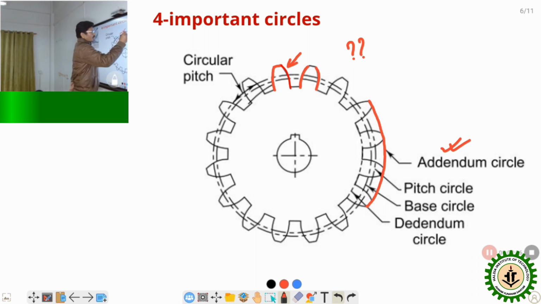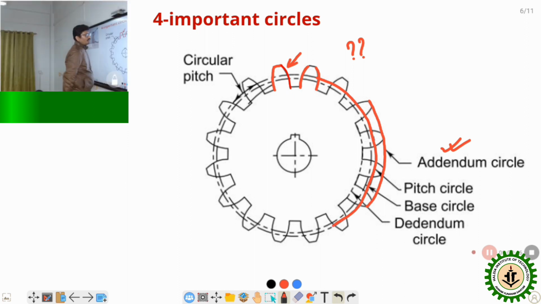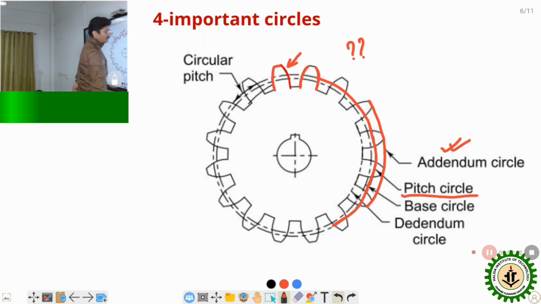The next one passes below the addendum circle. This one is known as the pitch circle.